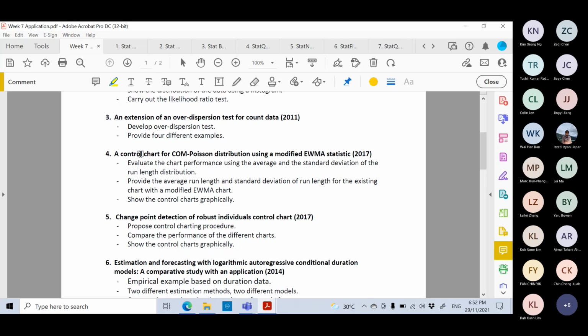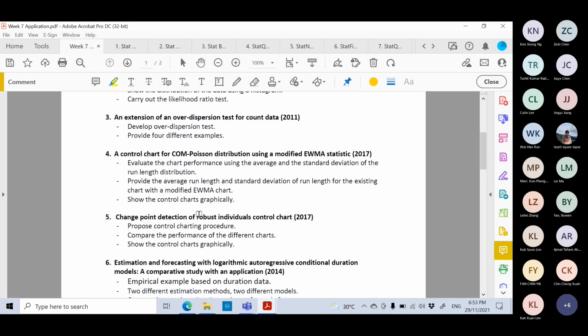Actually, I show you 3 control charts in this example here. If you are working on control charts, then you know that the criterion for evaluation under the application will be the average run length of the control chart itself.